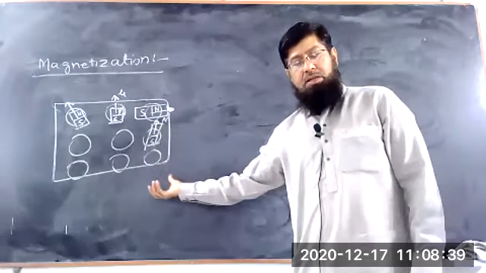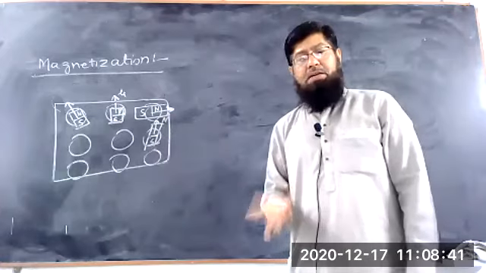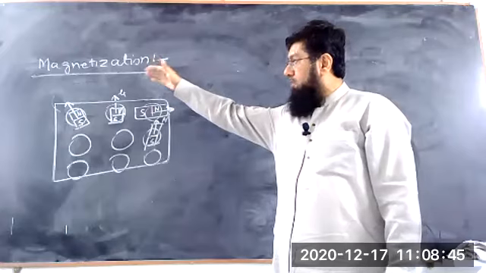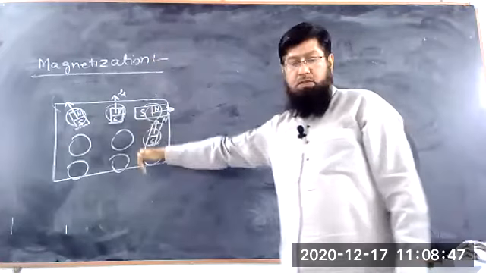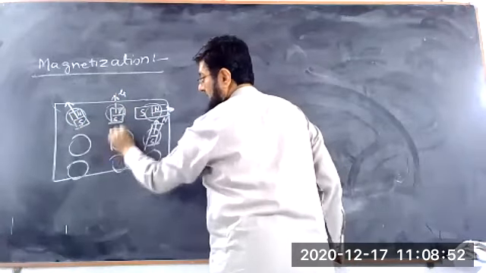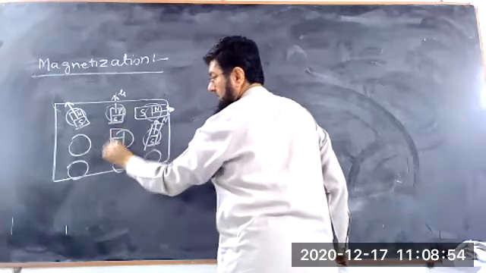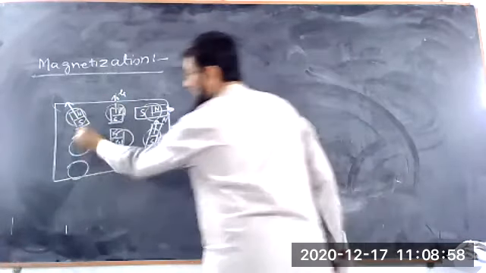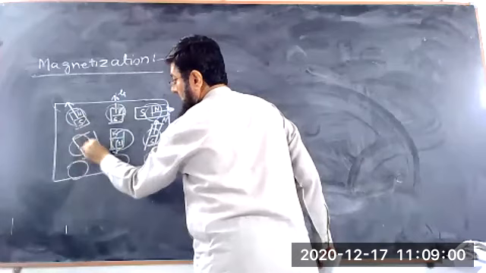It means the net magnetic field is zero because one direction of the magnetic dipole moment will cancel with the other. If this is the magnetic moment in this direction, and there is a magnetic moment whose direction is this, as a resultant they will cancel each other. Similarly, they will cancel each other.